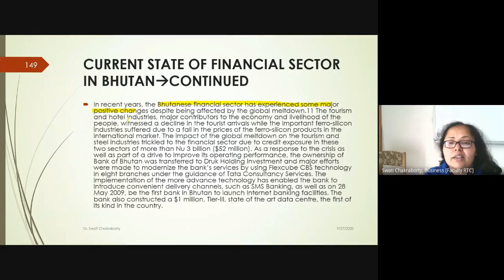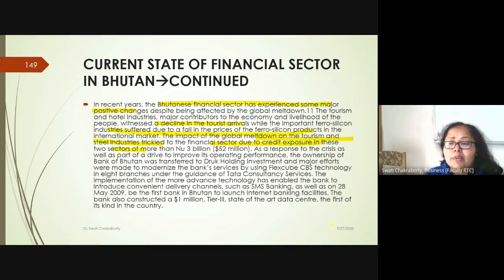Tourism and hotel industries, major contributors to the economy and livelihood of the people, witnessed a decline in tourist arrivals, while the important ferrosilicon industries suffered due to a fall in prices of ferrosilicon products in the international market. The impact of this global meltdown on tourism and steel industries trickled to the financial sector due to the credit exposure in these 2 sectors of more than 3 billion ngultrum.